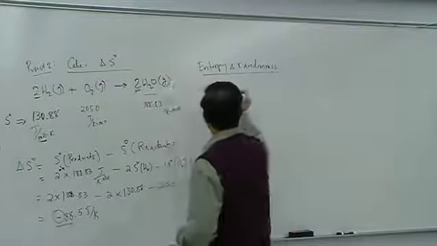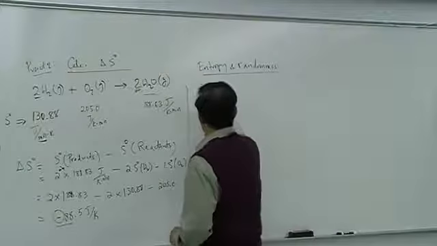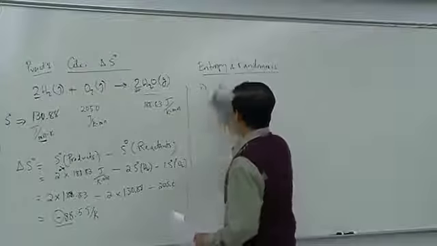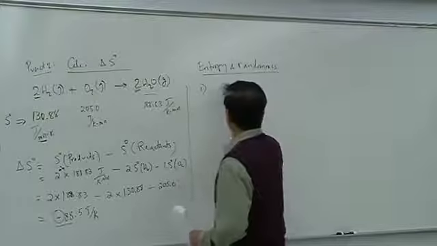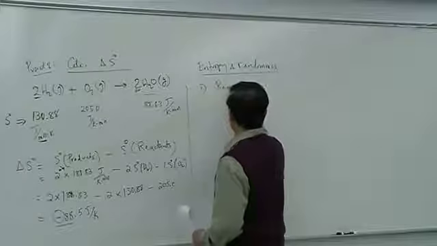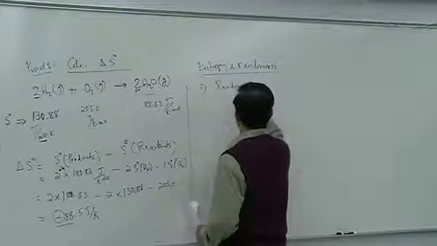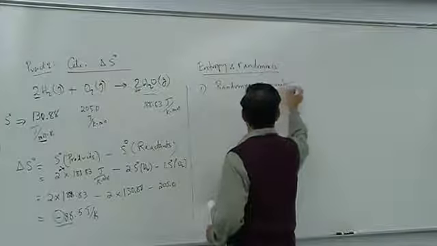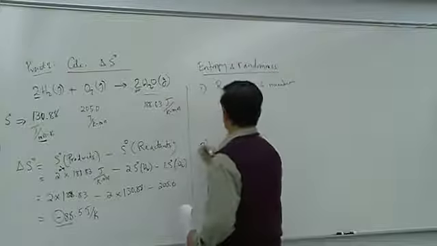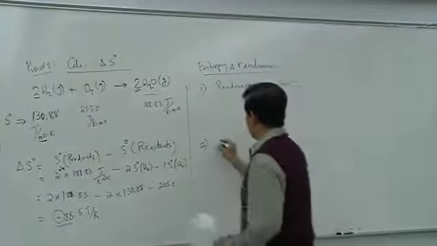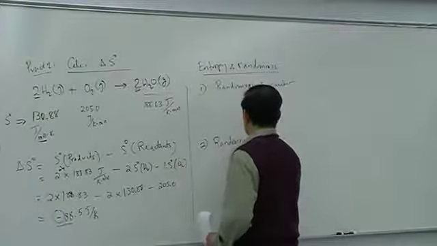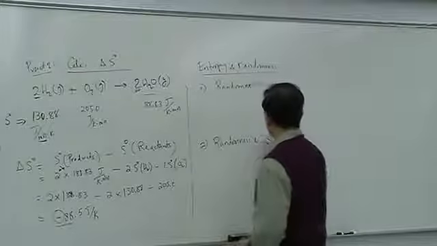So entropy or randomness can be influenced by number. So randomness and number, let's write down here, randomness and number. And the second factor is randomness and volume.